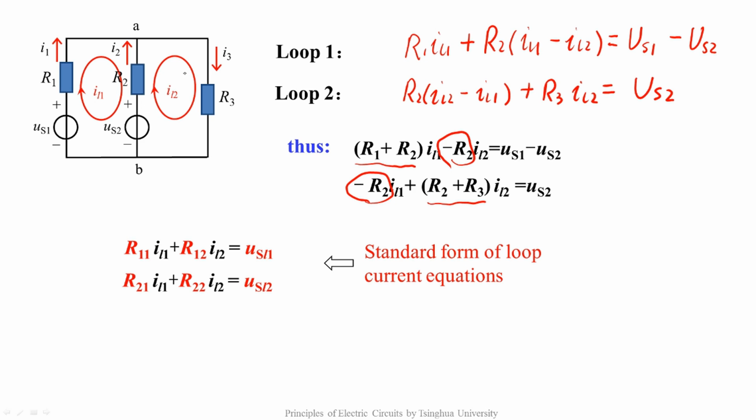So we call R2 the mutual resistance of loop 1 and loop 2. Because the directions of the two loop currents flowing through the mutual resistance are opposite, we add a minus sign in front of the mutual resistance. The right part is the voltage rise across all the voltage sources along the loop directions.